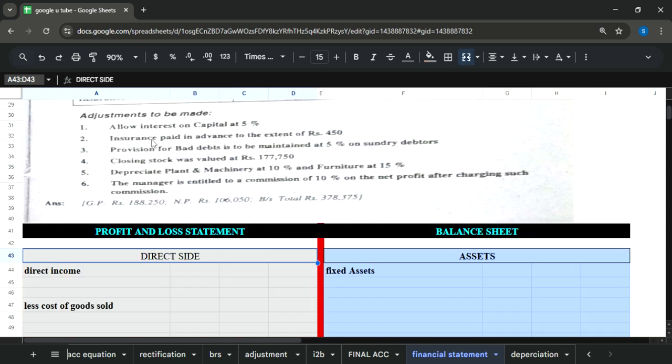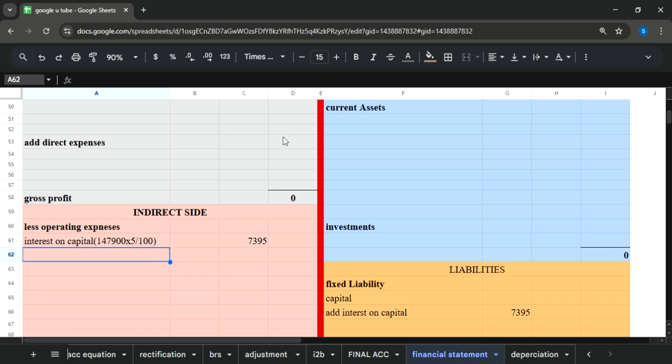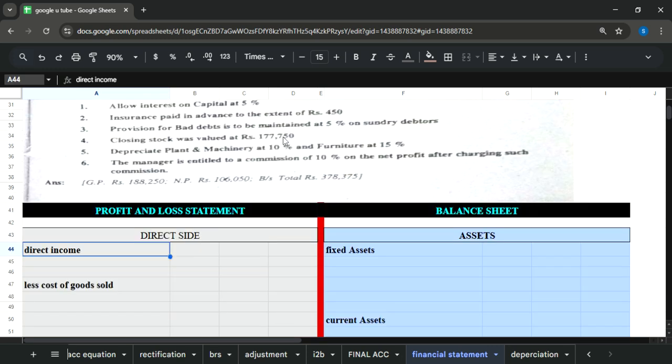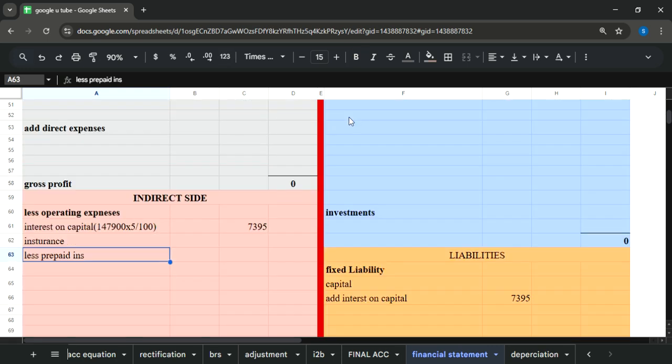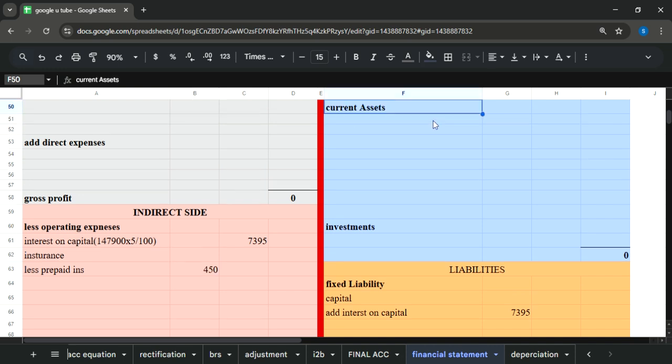Now next, insurance paid in advance. Insurance, again it's your operating expense, so you will mention insurance here. Prepaid should be subtracted, so here you will write prepaid insurance. Now let's see how much the amount of prepaid insurance is. That is 450. Just mention 450 in the first column, and secondly you will go to your current asset side.